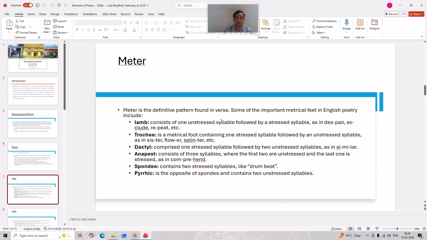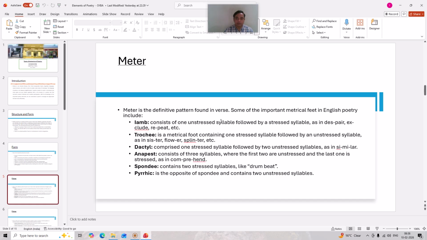Next element of poetry is meter. Meter is a definitive pattern found in verse. Some of the important metrical feet in English poetry include iamb. The iamb consists of one unstressed syllable followed by a stressed syllable, as in the word despair.